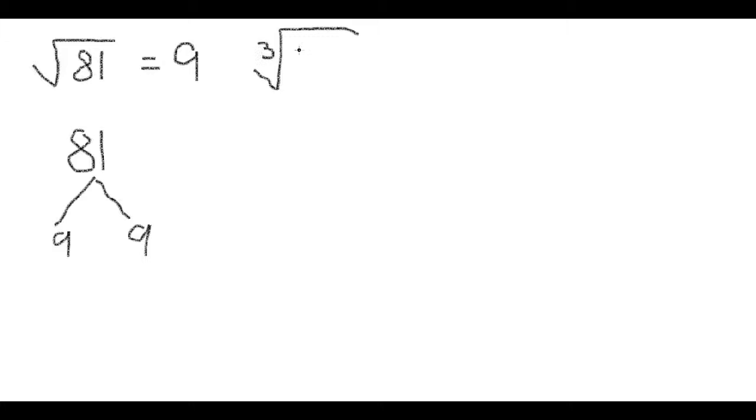You see that? Because there's 3. The cubed root of, let's say, 8. We're trying to figure out what number times itself 3 times will give us 8. Well, 2 times 2 times 2 does, because we know 2 times 2 equals 4. 4 times 2 will give us 8. So the answer for that would be 2.